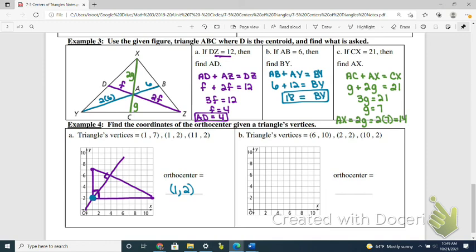So B is a little more difficult because it's not a right triangle, so I'm going to plot my points. I have 6, 10, 2, 2, and 10, 2.